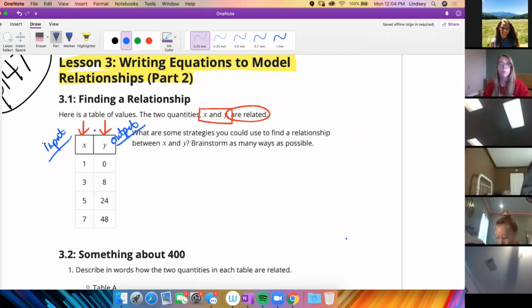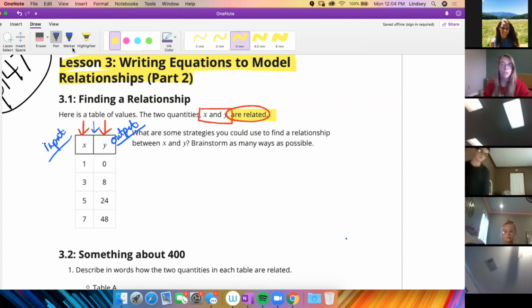You do some sort of operation here, and then it produces your output, which is these values right here. That's what we're going to be looking at today. That operation that's happening is the relationship that tells how they are related.